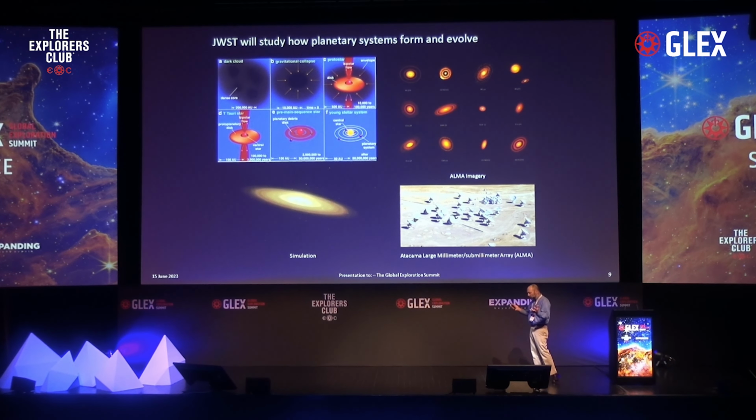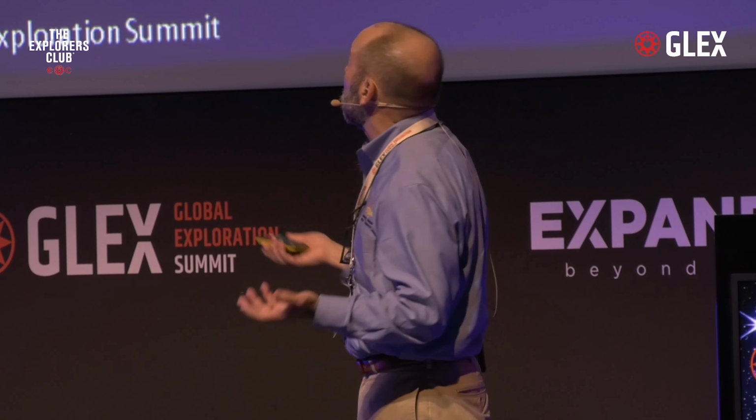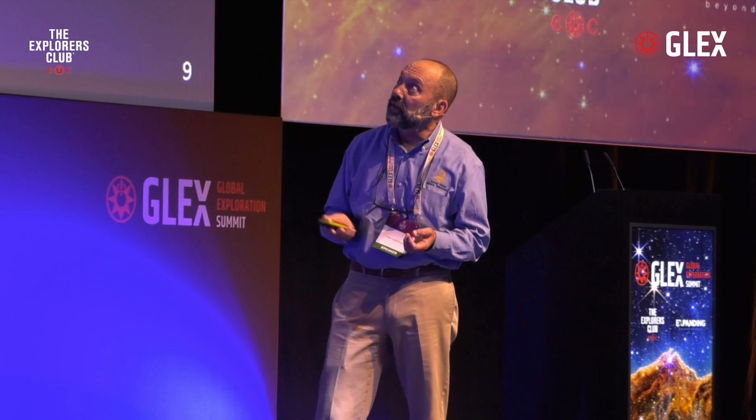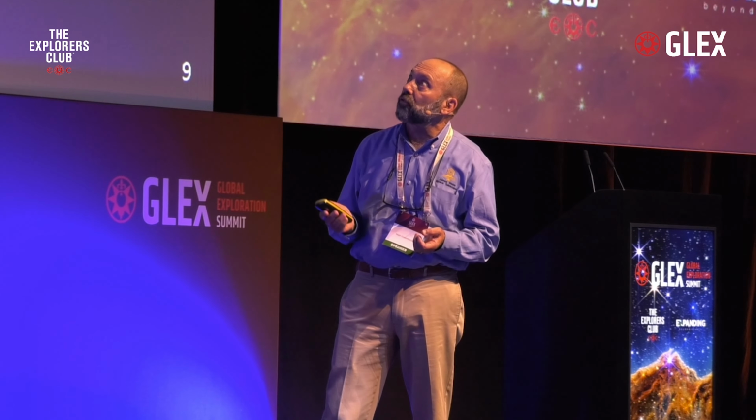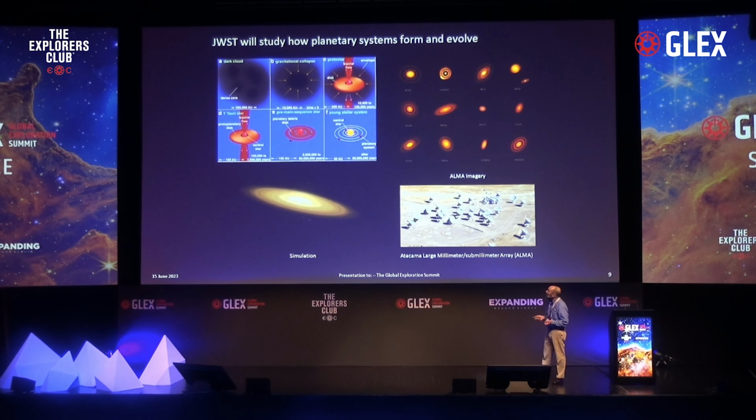When a star is born, it's typically surrounded by a circumstellar disk of material. You can think of this as material left over from the star formation. And these circumstellar disks are of tremendous scientific interest because they are the birthplaces of planetary systems like our own.